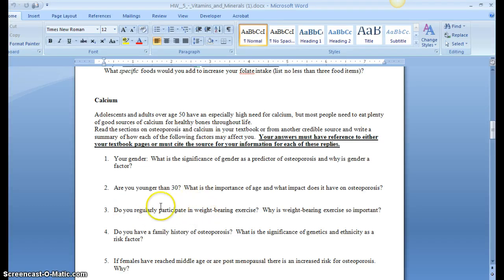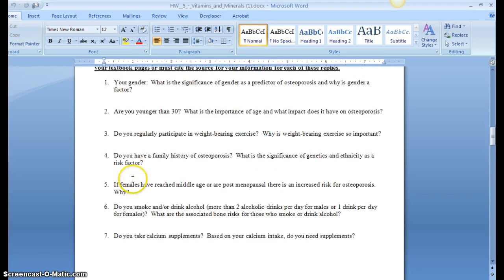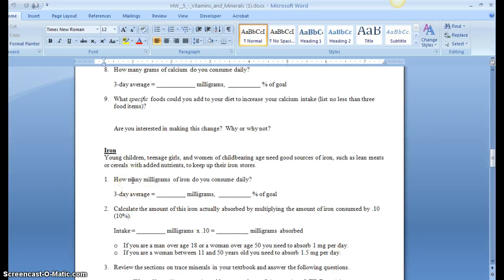So it's kind of interesting: if you've got high levels of calcium but no vitamin D in your diet and very little exposure to sunlight, individuals could actually develop osteoporosis, particularly if you have a family history of the disease. So the importance of vitamin D supporting calcium absorption is really significant.